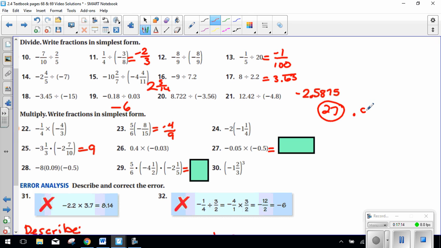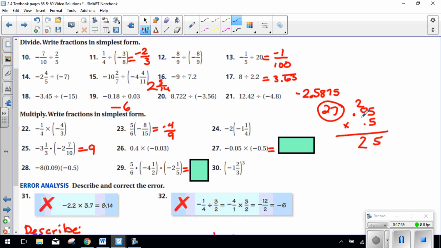So we have 5 hundredths times 5 tenths. When I have decimals, I worry about the signs at the end, and I just want to multiply and get a number. And then I worry about decimals, and then I worry about signs. So 5 times 5 is 25, 5 carry 2. 5 times 0 is 0, plus 2 is 2.